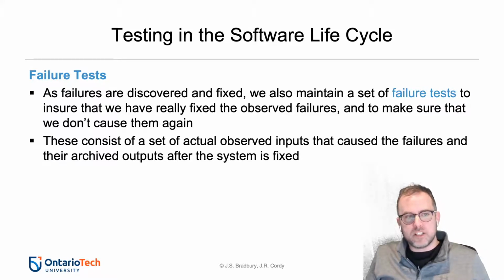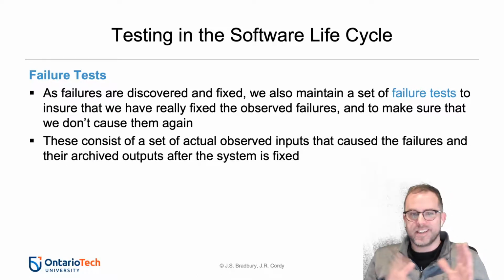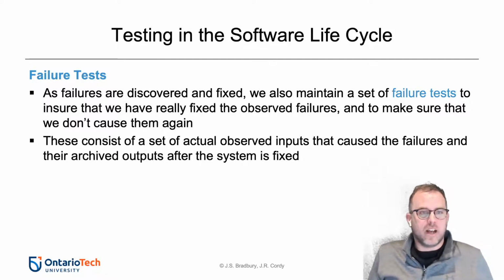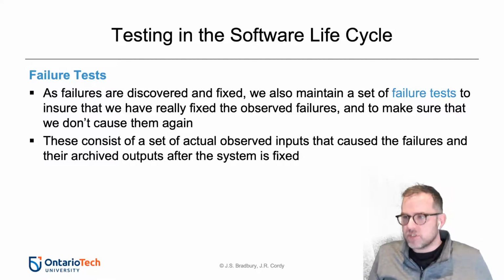While regression tests ensure that good behavior that worked in the past still works, failure tests ensure that failures we've observed in the past don't come back. If we have a test that caused a failure and then we fix the failure and that test works, we keep that test around to make sure that in the future that failure doesn't happen again, that it doesn't reappear. So this is another type of test that we're interested in.